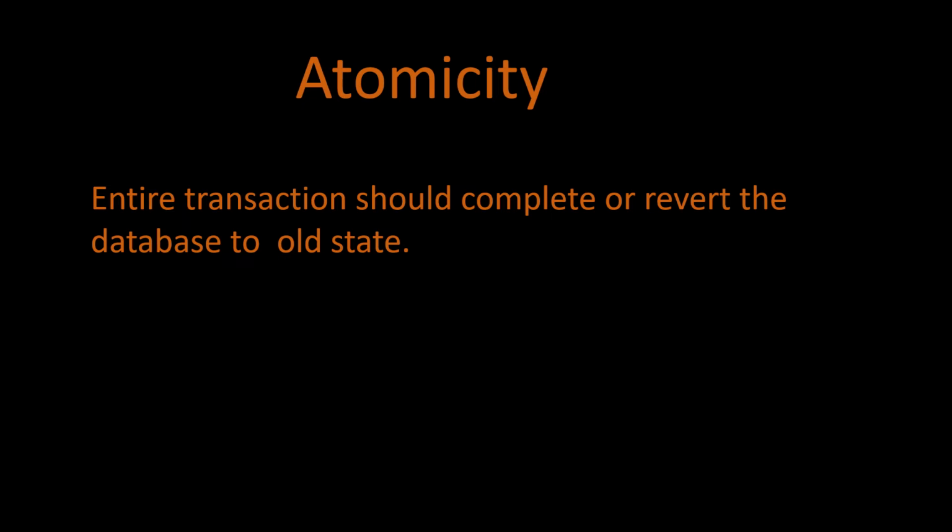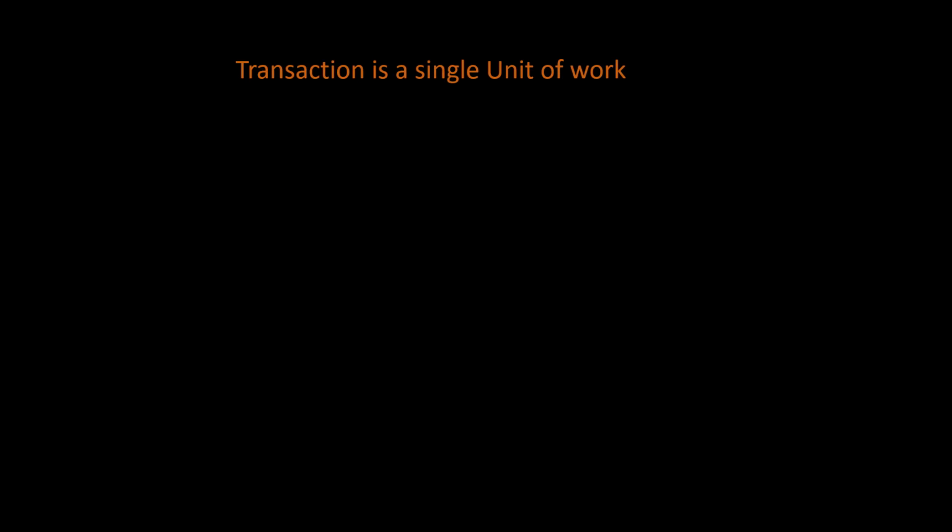Basically, the logical unit of work should complete in totality or not be done at all. If you understand the transaction, then it will be very easy to understand atomicity.